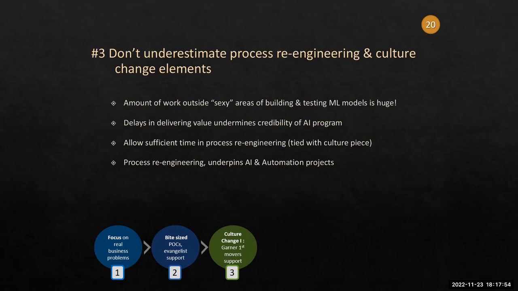It's the human element that needs a little bit of thinking. Some of you guys, or girls, will be naturally good at it, so this may not be an issue, point number 3. But anyway, process re-engineering underpins the AI and automation projects. Very important, and usually takes very long. Next one.